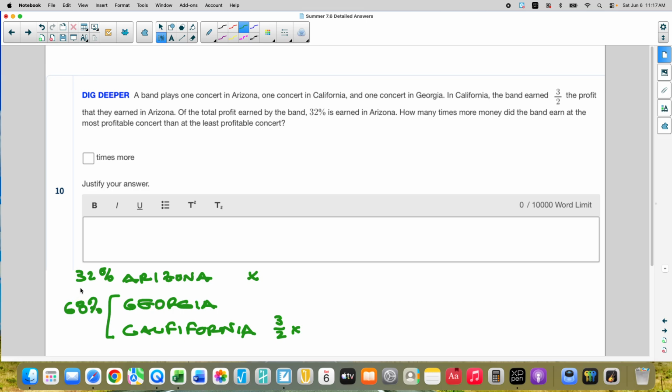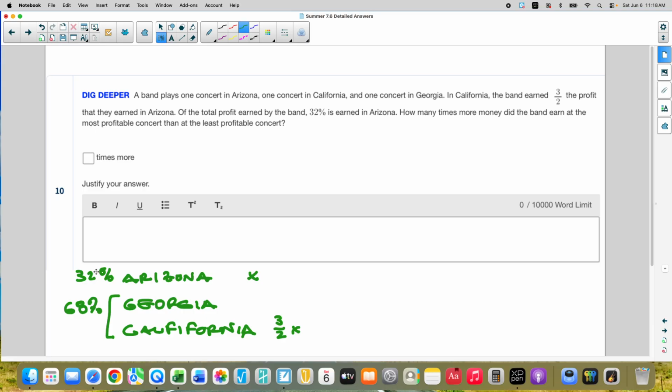How many times more did the band earn at the most profitable concert than the least profitable concert? So Arizona is 32% of the total. Okay, maybe it is as easy as that.